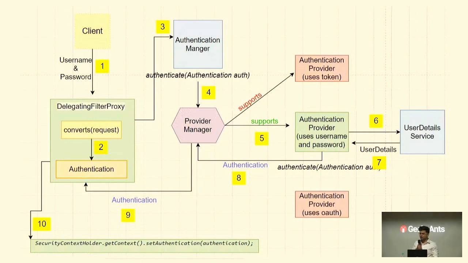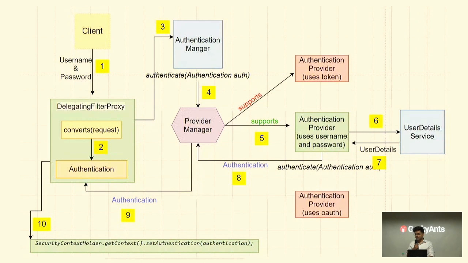Suppose you started your application. If you have enabled Spring Security, at first you will get a form, if you're using form-based login, that will ask you for a username and password. Let's suppose the client has given his username and password, and we'll see how this goes through the whole authentication process and comes back, giving the user access to our application.